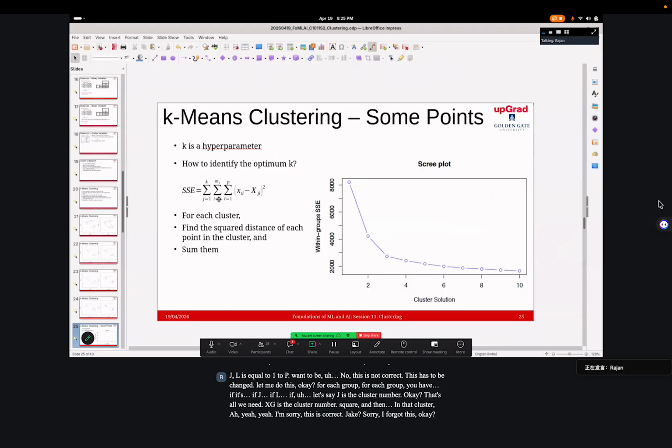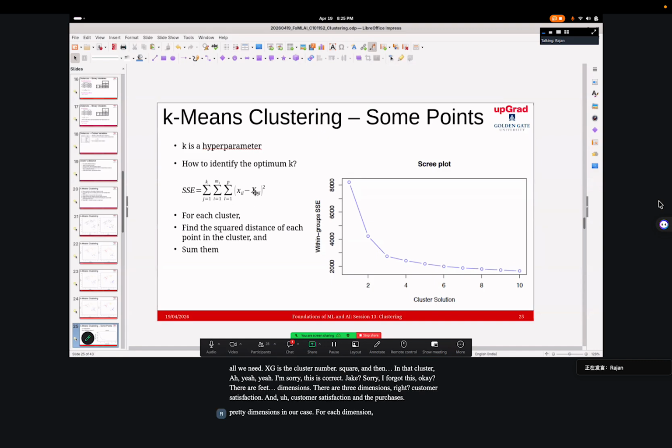There are p dimensions, right? Customer satisfaction and the purchases, two dimensions in our case. For each dimension, you have the mean for that particular cluster.